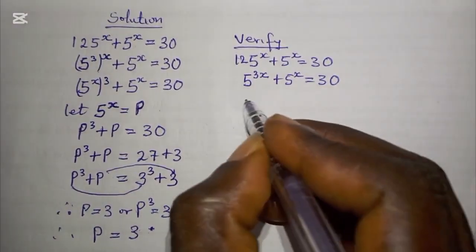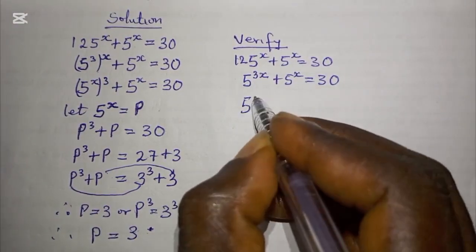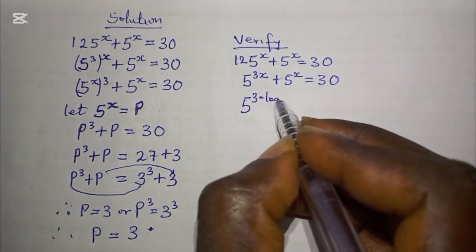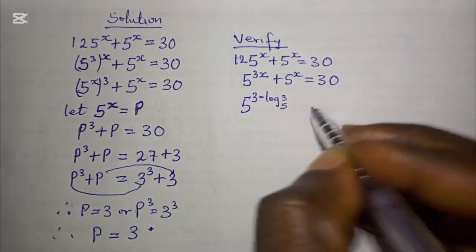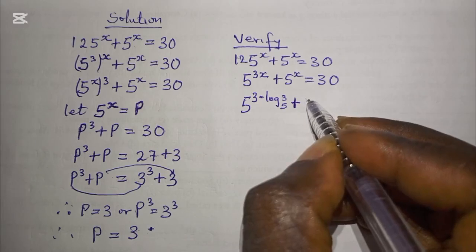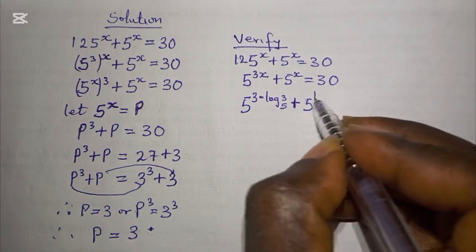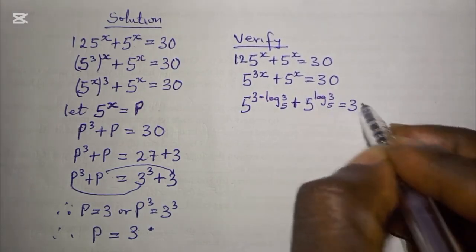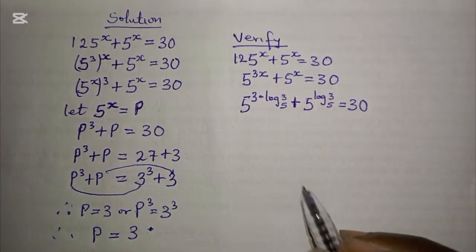So we are now going to have 5 raised to the power of 3 times log 3 base 5, plus 5 raised to the power of log 3 base 5, equals 30.